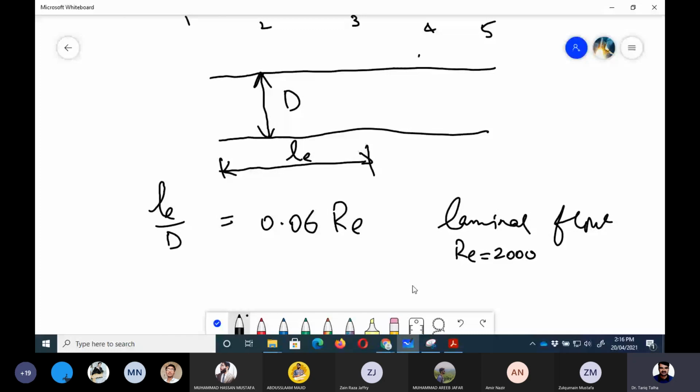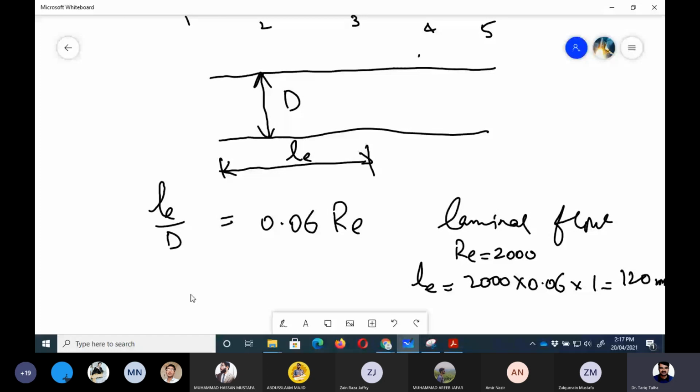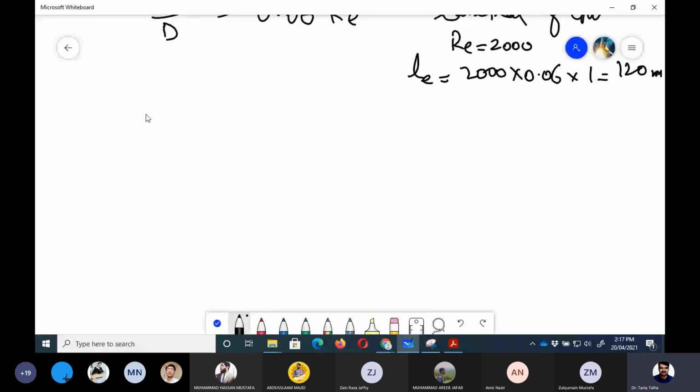So now you can see that it depends linearly on the Reynolds number, right? For laminar flow. For turbulent flow, the dependence of entrance length is a little bit different. LE upon D in that case, the usual empirical correlation, is 4.4 times the Reynolds number to the power 1/6.